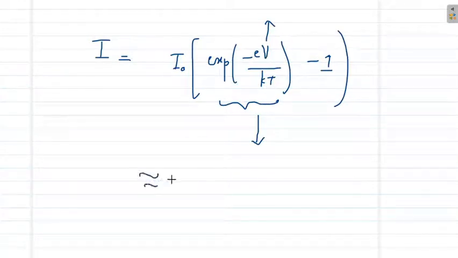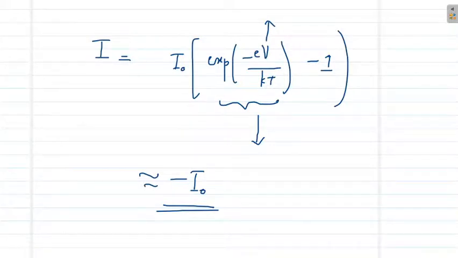So it will be approximately minus I0 beyond a particular voltage. This is already something you are familiar with, because you know the current is the reverse saturation current when we apply negative voltages to a PN junction, a semiconductor junction.